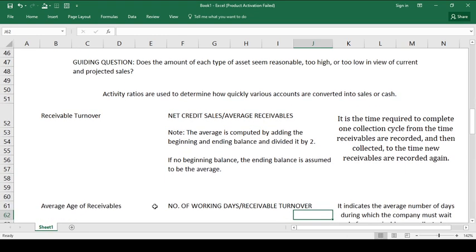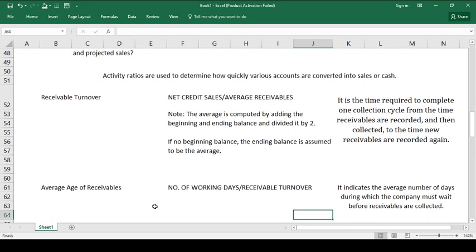And the purpose of the receivable turnover is also, no, helpful on determining the average age of receivable. The average age of receivable is computed using the number of working days. Normally, we will use the 360 days. If not, we will use the 365 days.